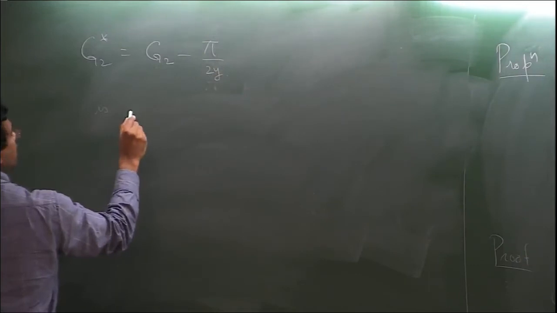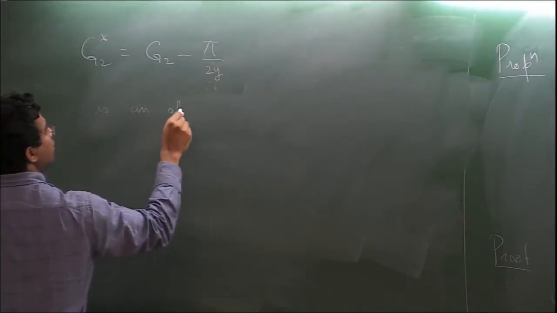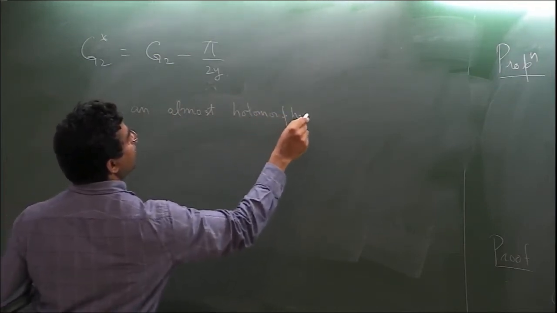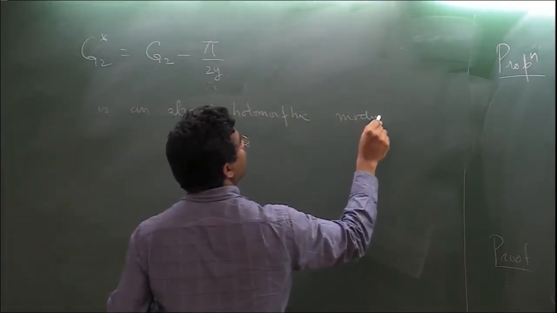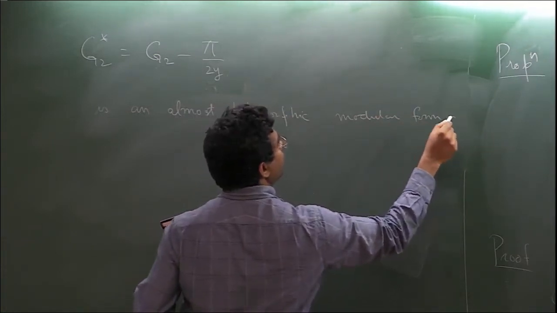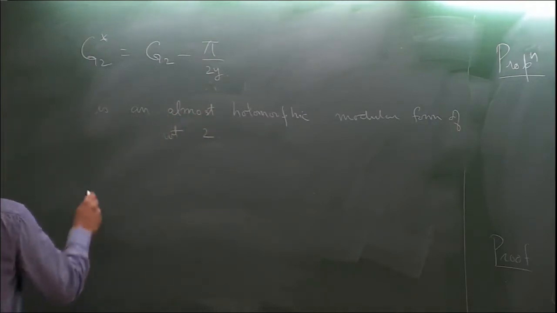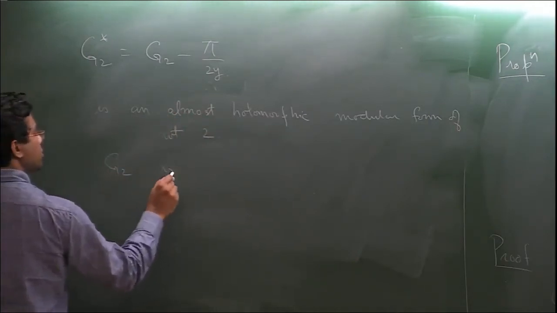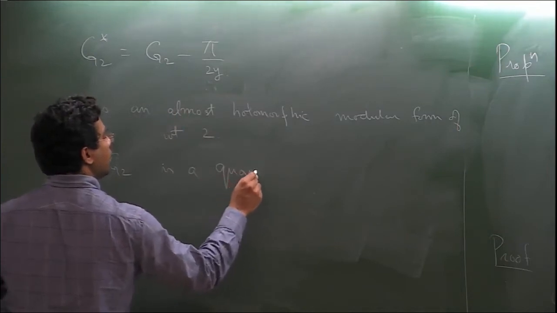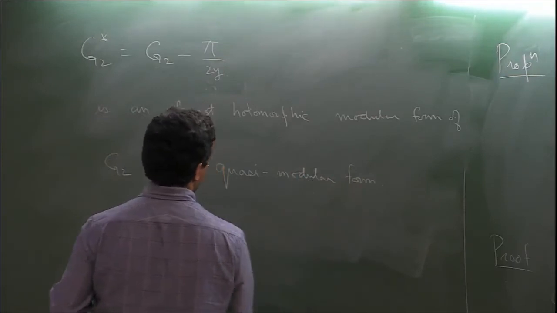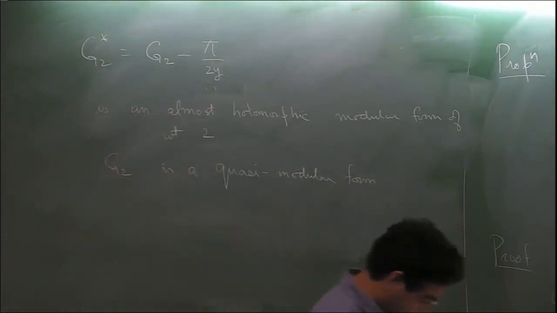So this is an almost holomorphic modular form of weight 2 and depth 1. And so G2 is a quasi-modular form. E2 and this bold G2 are all quasi-modular forms.